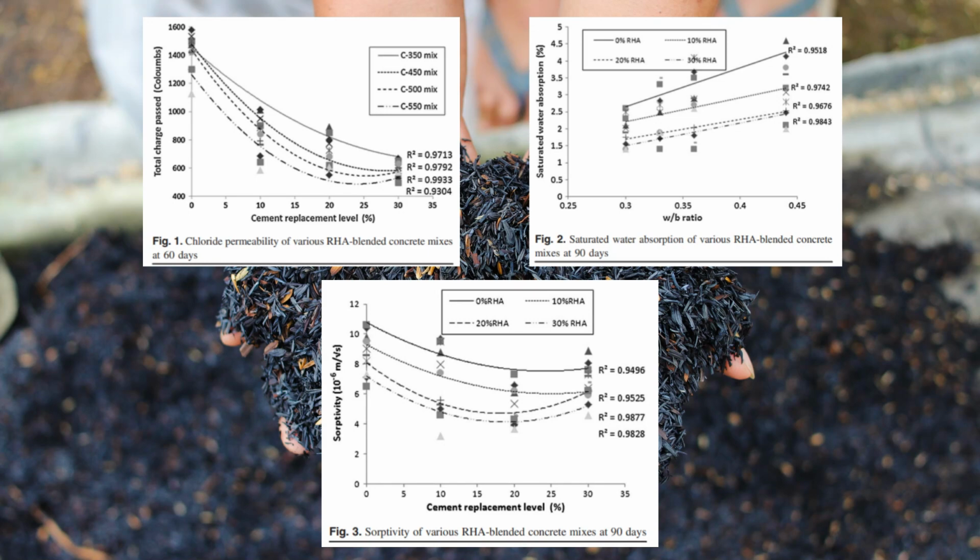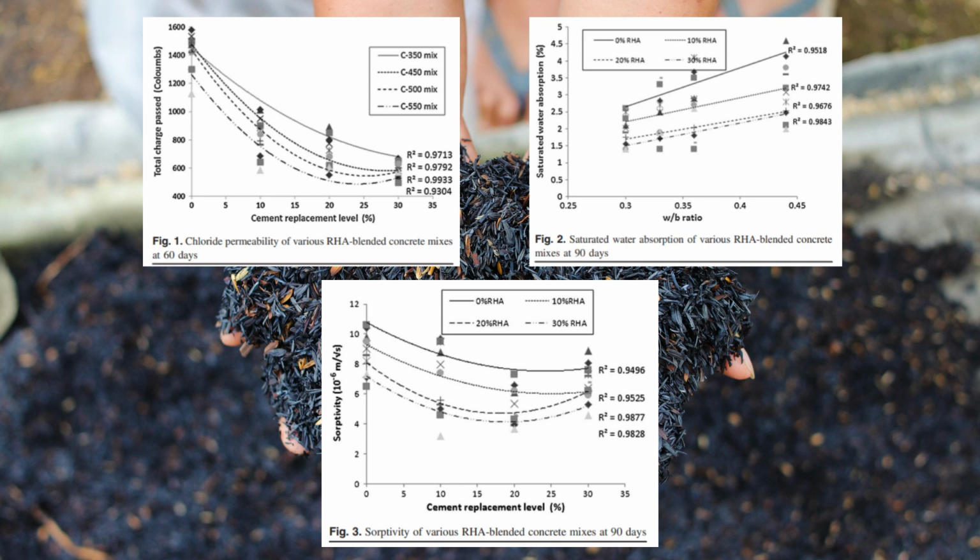So next, this is the graph of cement replacement with total charge passed columns. And as you can see, the graph is here.